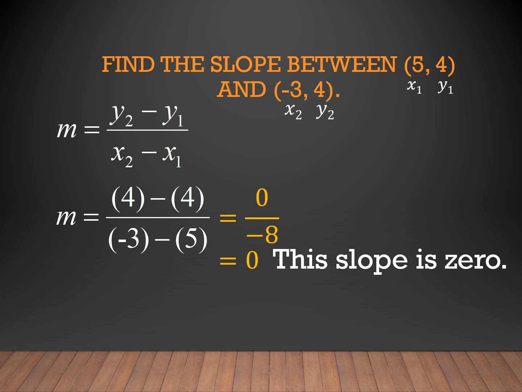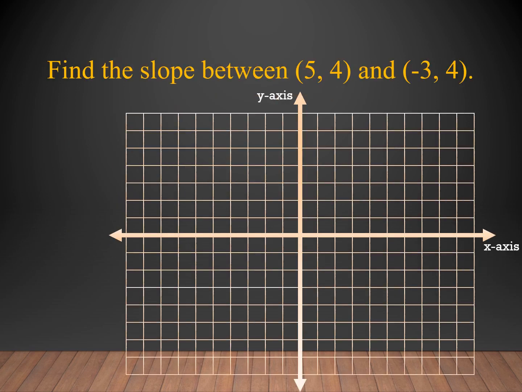Let's see what type of line has 0 slope. So we're going to take these 2 points and graph them. I notice the line joining these 2 points is horizontal, and notice any point on that line is going to have a y coordinate of 4.